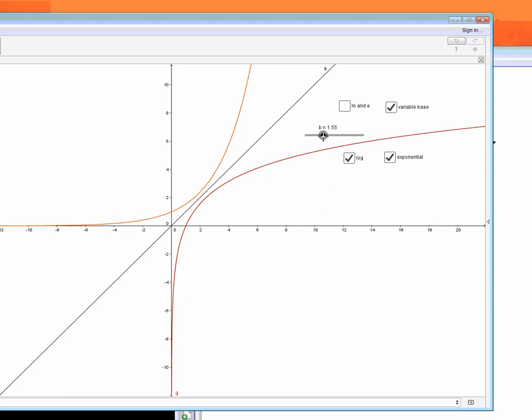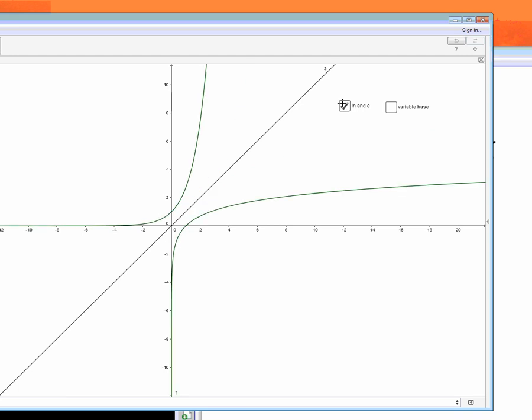But if you really wanted to look normal, you could go to zoom, and is it 5? Zoom 5, which would be zoom square. And yours should look like this now. This is my natural log, and the other one is my e to the x. They are inverses of one another.